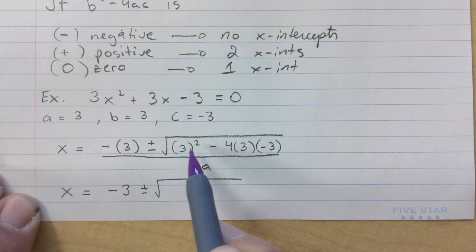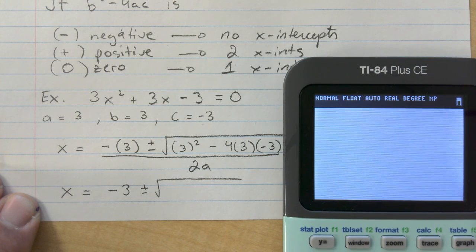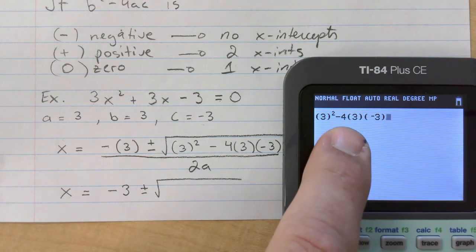You can actually type this in one shot using your calculator. Watch here. You go 3 squared minus 4 times 3 times negative 3. Make sure you use the negative, not the minus. So that's the discriminant that you're computing.